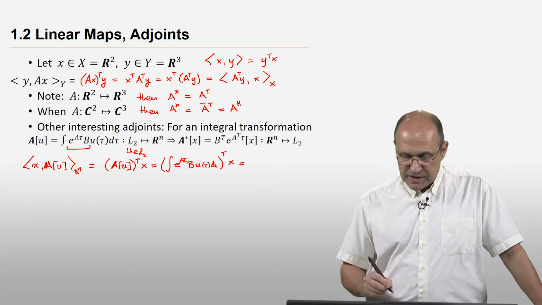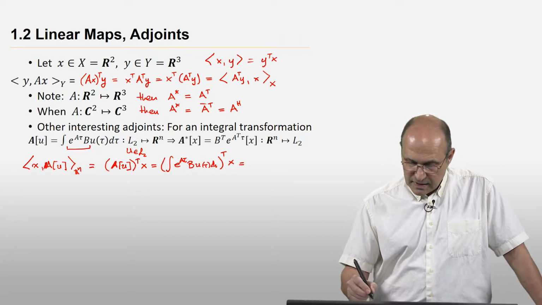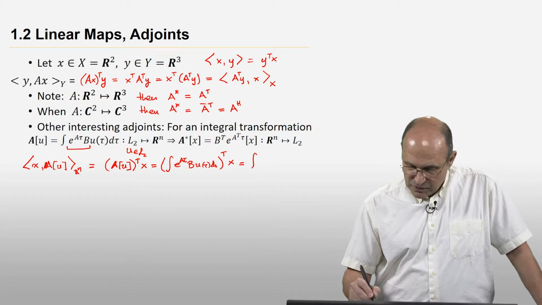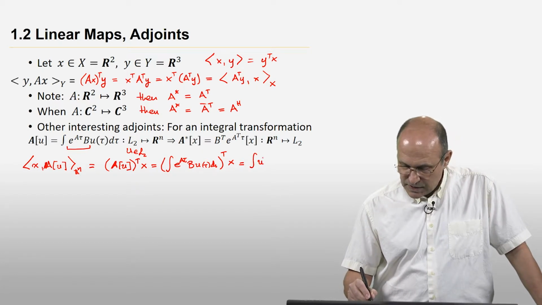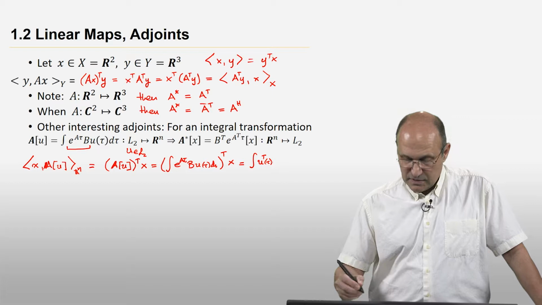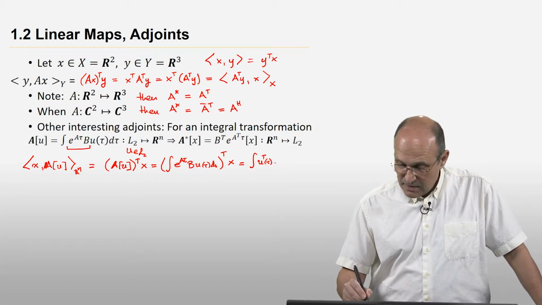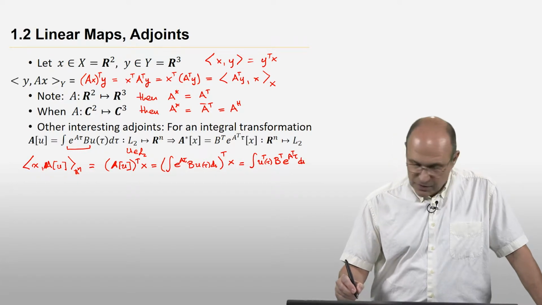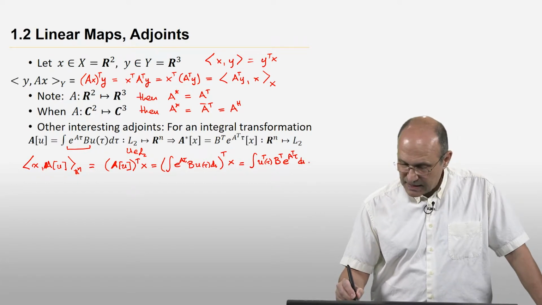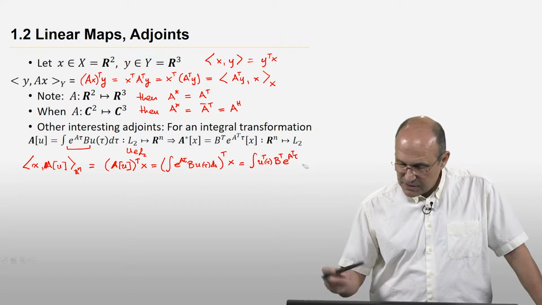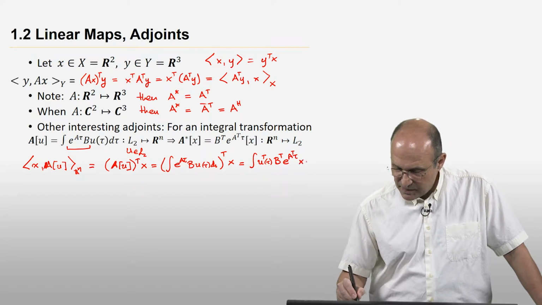Now the transpose distributes inside the integral, so I'm going to have the integral of u transpose of tau, if it's multidimensional, B transpose e to the A transpose tau d tau, and we're also going to have the x inside the integral, so I better stick it before the d tau.